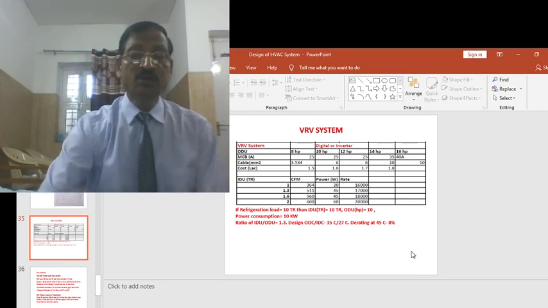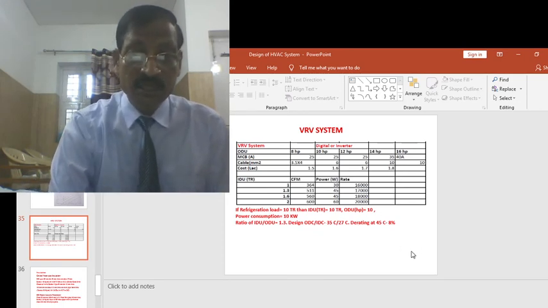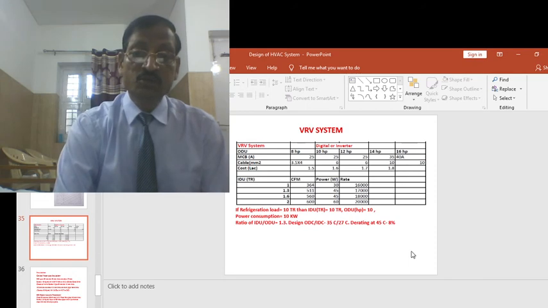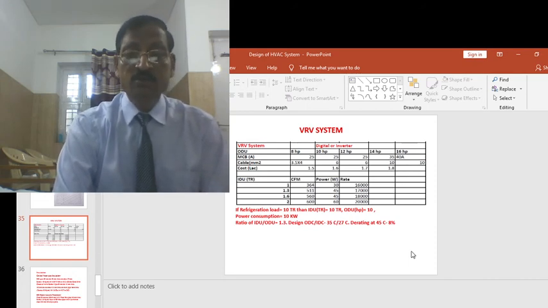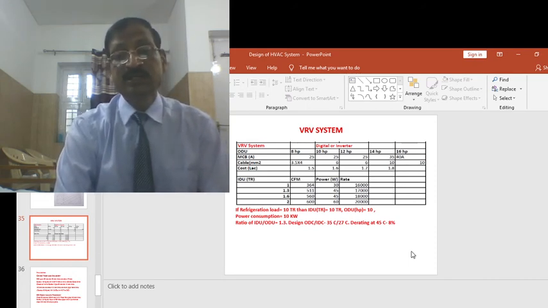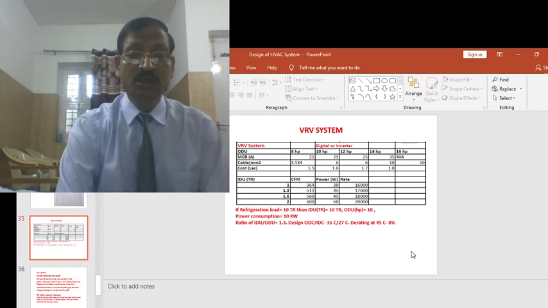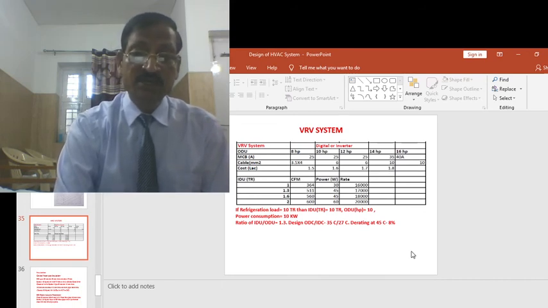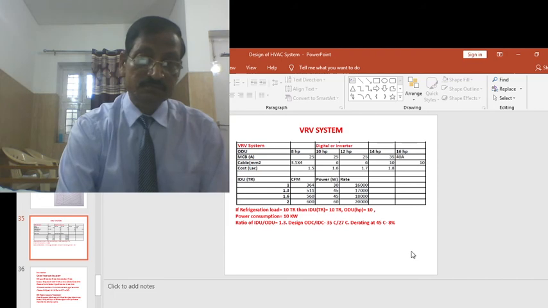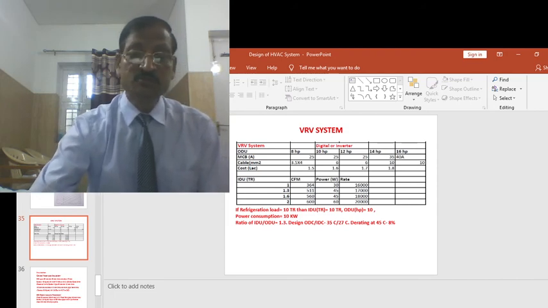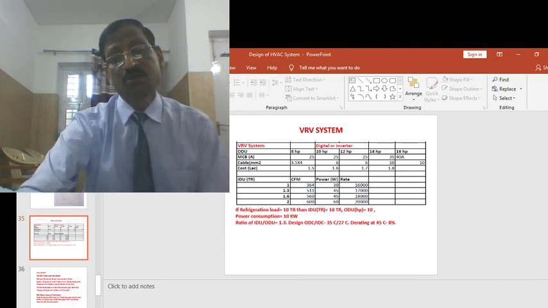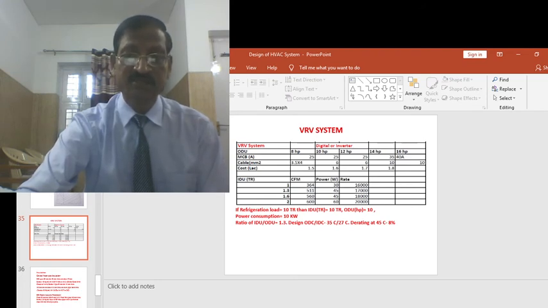If the refrigeration load is around 10 ton, then the capacity of the indoor unit will be 10 ton and the outdoor unit will be around 10 HP. Around 10 HP means tentatively 8 ton, and power consumption is also 10 kilowatt. So we can see the power consumption of the VRV system is slightly less than the split AC.